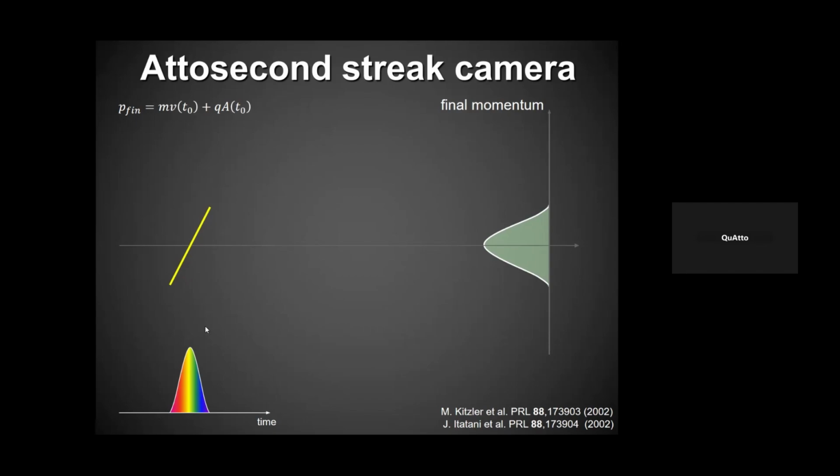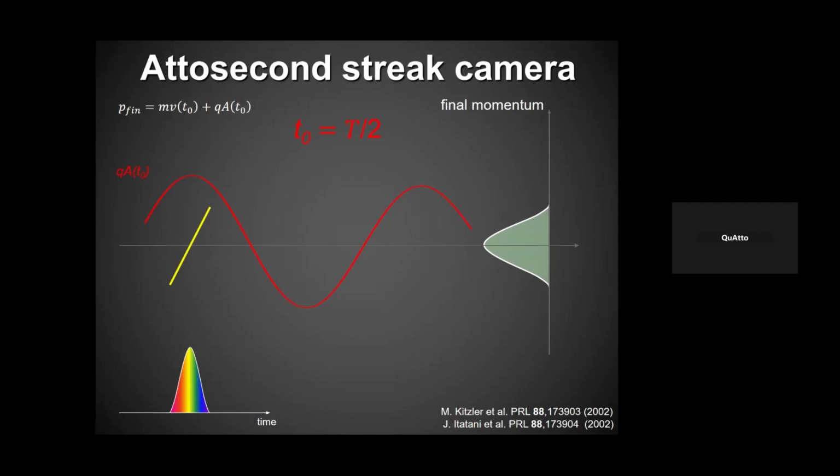When we use this XUV pulse to photoionize an atom, the photoelectron spectrum on the right that we will measure is, let's say, a replica of the original content of the XUV spectrum here. Okay, we get a kind of one-to-one mapping. Of course, we need to consider the cross-section of the atom, but it will be more or less a replica of that spectrum. Now we add the vector potential of the infrared field.